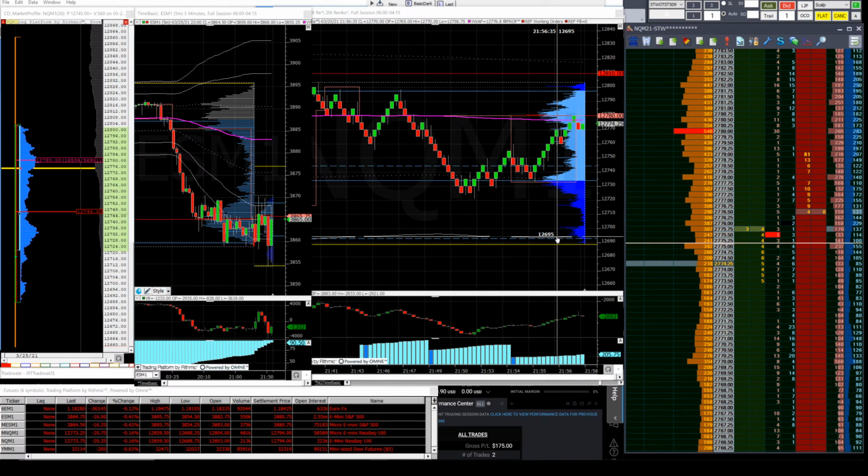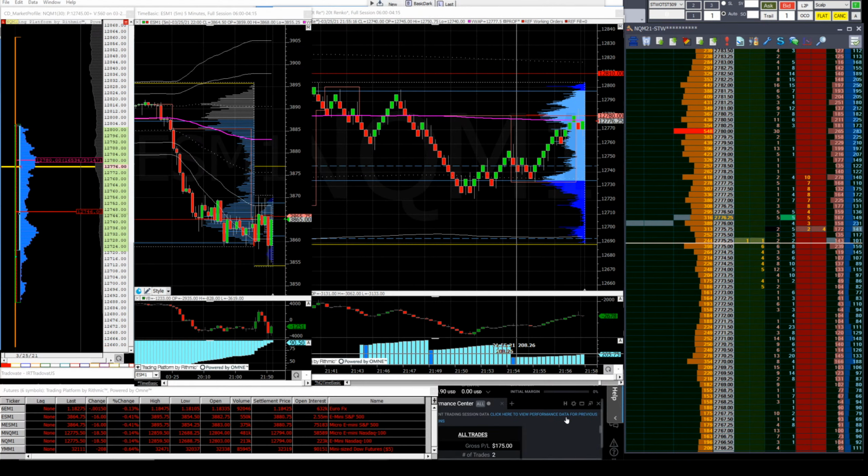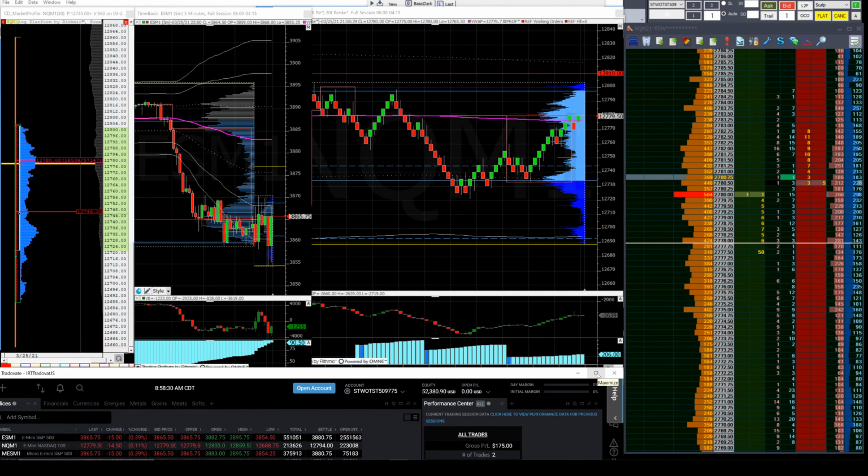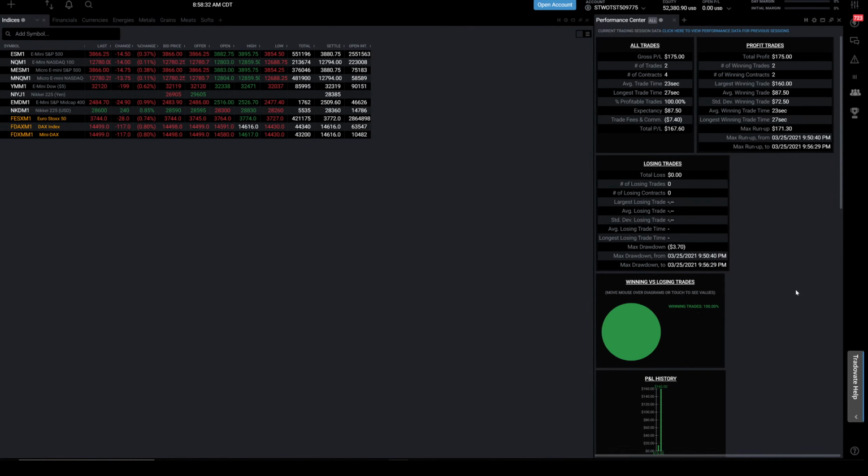Got to take more of the move, get more of that meat. And there we are, 2 trades positive. There's that brilliant $15 beauty down here, and then 23 seconds. So we're 100% and still pretty much risk off.